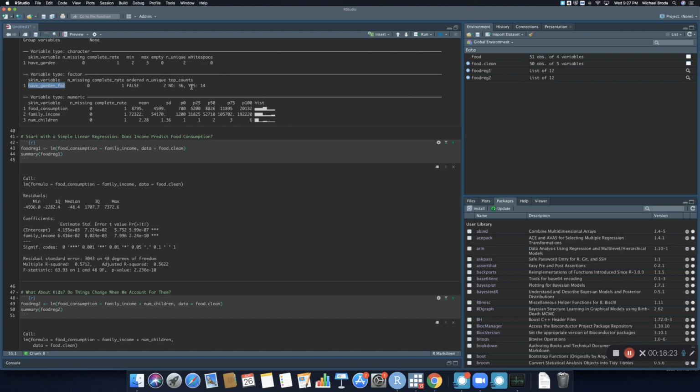And we have 2 values. We have yes and no. And this is basically what's called a dummy variable because it takes on only 2 values. This is also sometimes called a binary variable. That would be if yes was coded as 1 and no was coded as 0. But they essentially mean the same thing.